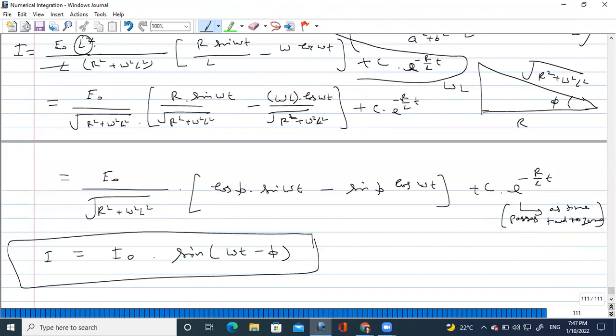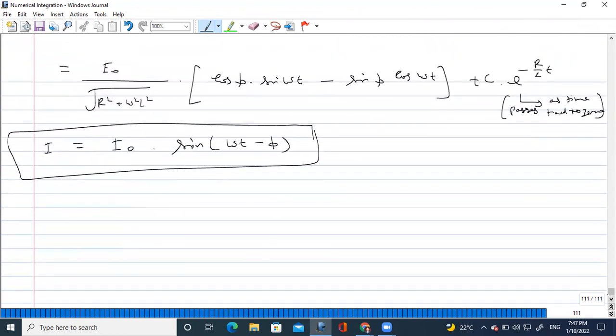So we can leave this. So the final answer is I naught sin omega t minus phi. Like this you can do. So quickly note this down.